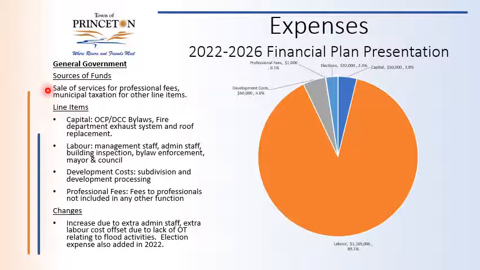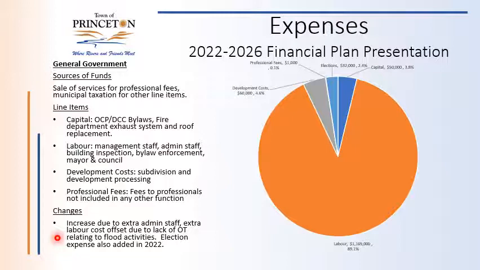There is some admin staff being added to our growing municipality. The extra labor cost shouldn't be too much more than it was last year, as there were extra overtime costs that were borne from the province for these overtime rates.